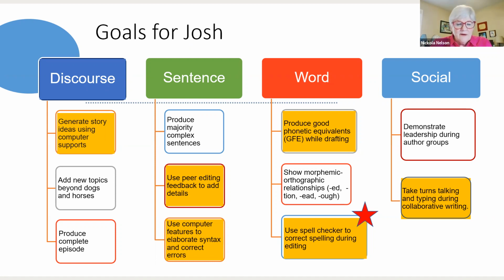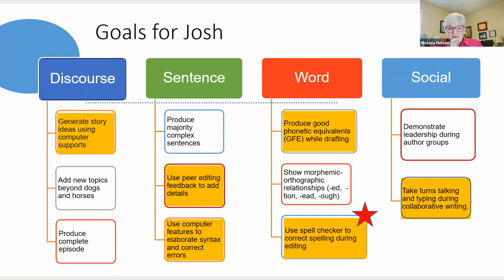It wasn't our primary goal to help him with his decoding and encoding abilities, but that was certainly a level of interest. And so for Josh, one of the things he needed to learn to do, he quickly learned the spell checkers in 2 different programs, but he needed to be able to himself produce good enough phonetic equivalents while drafting that the computer would recognize the word he was trying to spell and give him some alternatives that included the correct one.